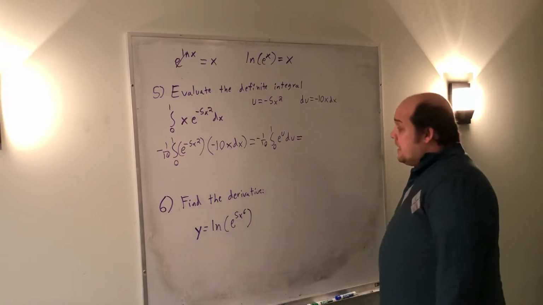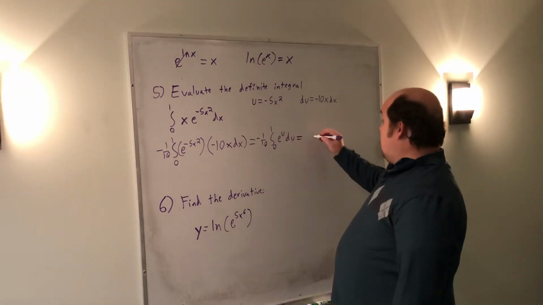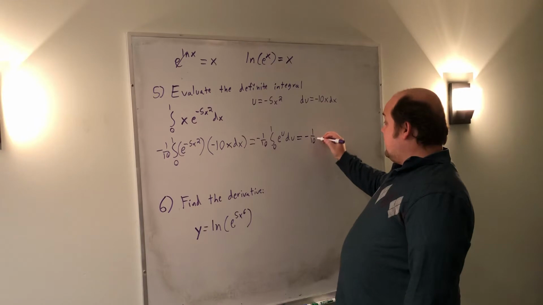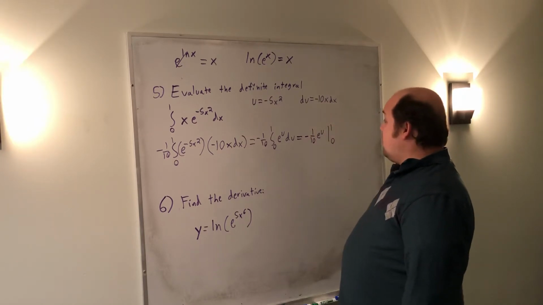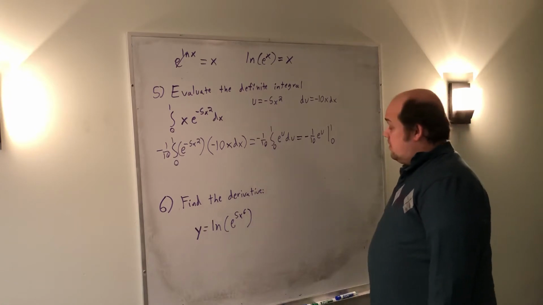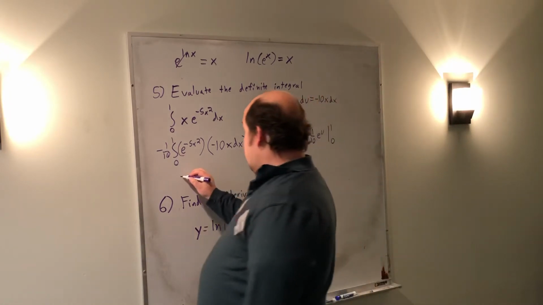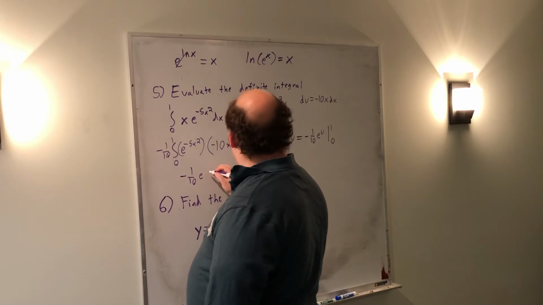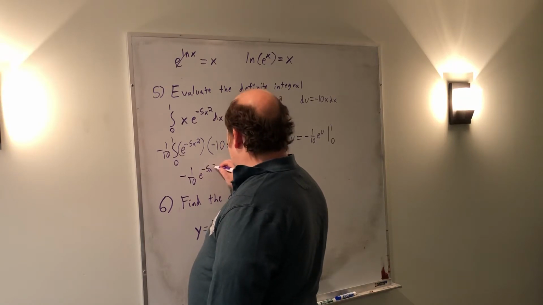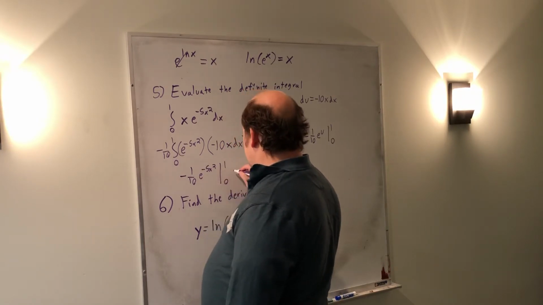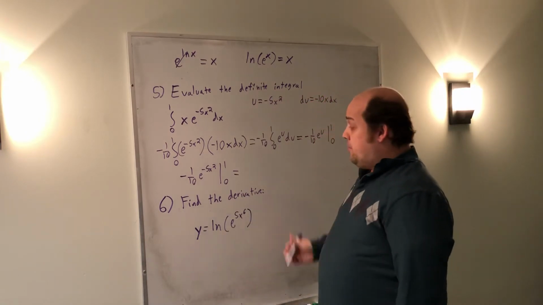So when I integrate e to the u du, I get negative 1/10 e to the u, which is going to be evaluated from 0 to 1 once I put the x back in. So putting the x back in, I get negative 1/10 e to the negative 5x squared being evaluated from 0 to 1. I start by putting in the 1.